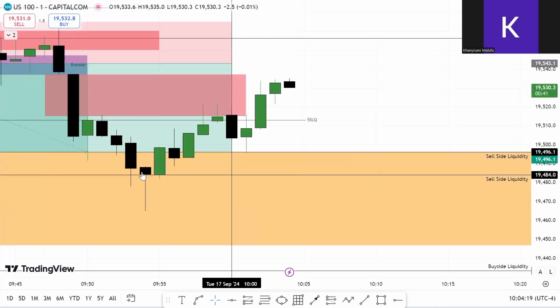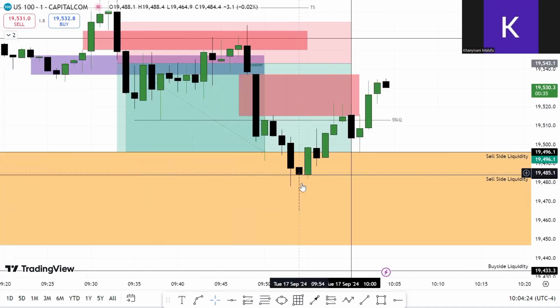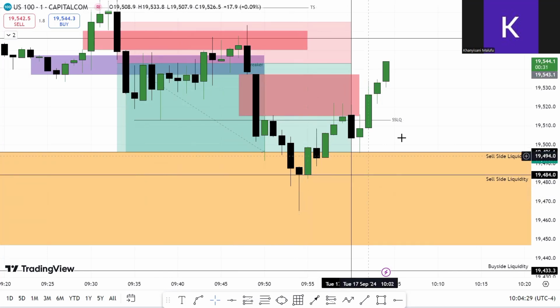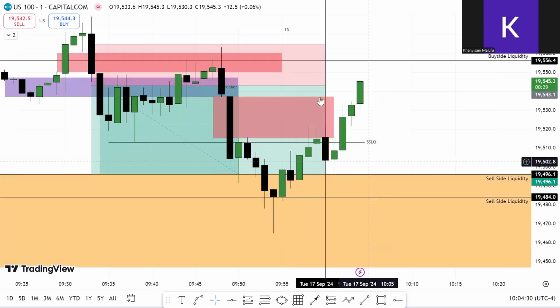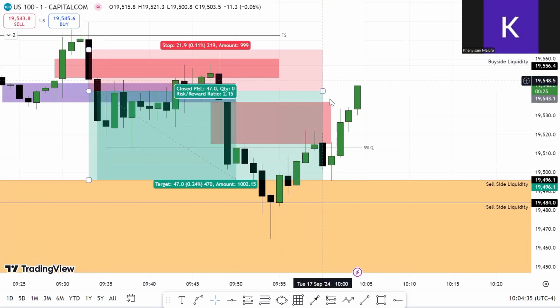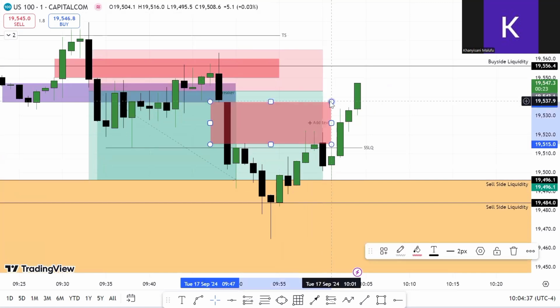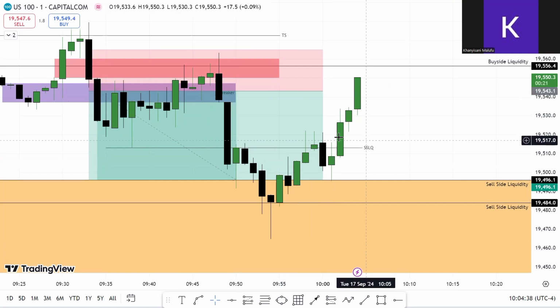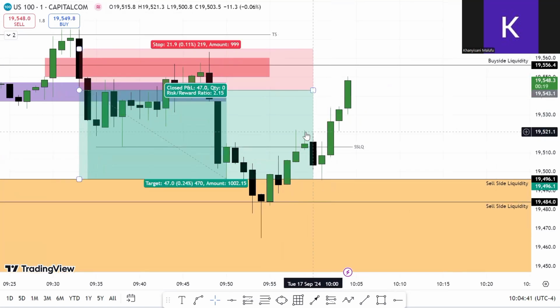So you've seen we've taken a sell side now, and you see one unique thing here, that the candlestick did not close below this sell side liquidity. Have you seen that? Let me take this out so we can see here. Just right about here is another block. Here, this point.